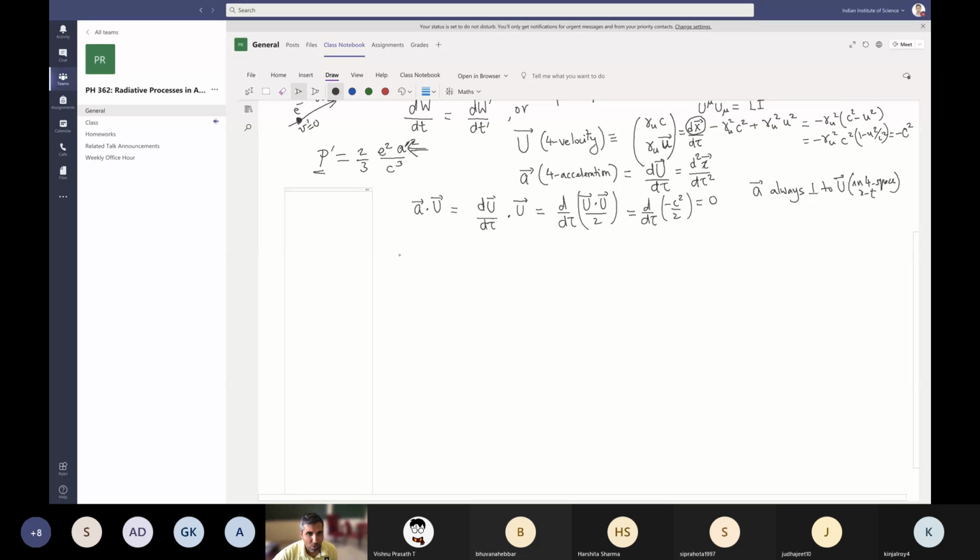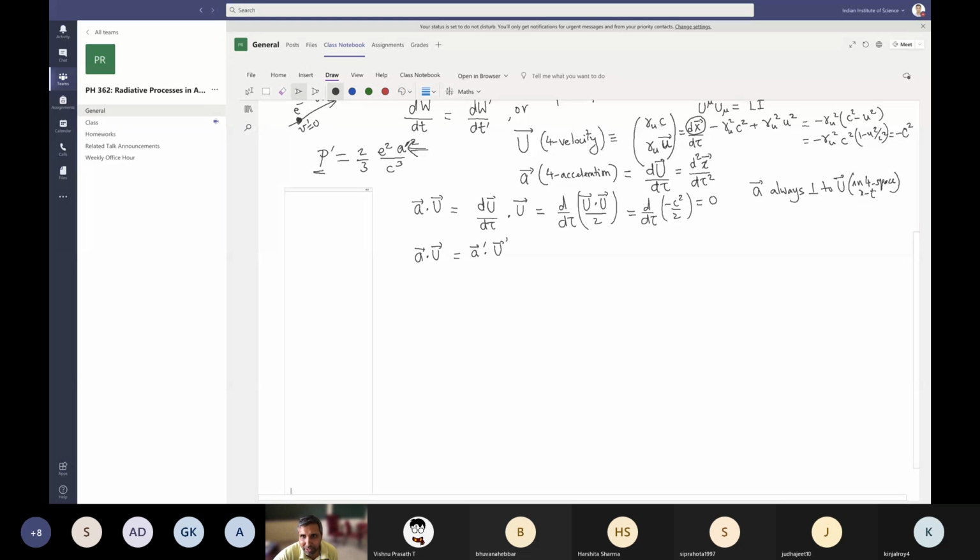Okay, so what this means is that A dot u as measured in some frame S is the same as A prime dot u prime, where the right-hand side is measured in the particle rest frame. In the particle rest frame, what is u prime?